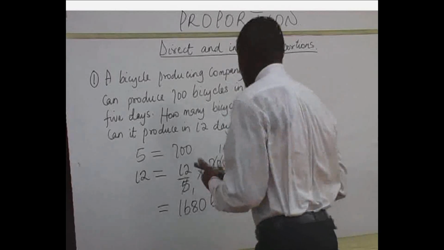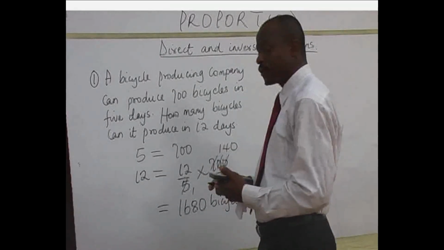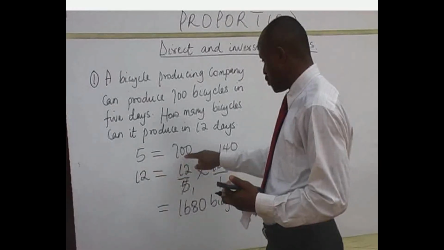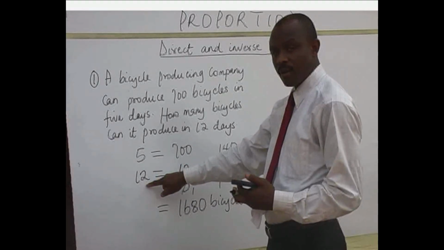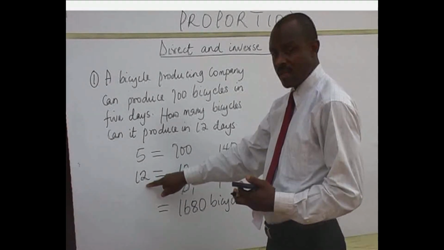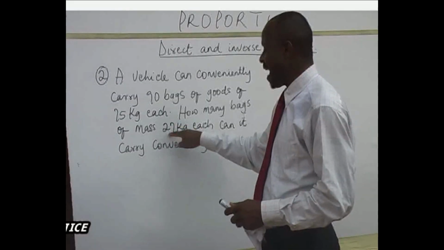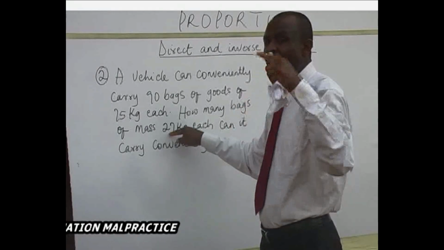produced in 12 days. You can see that this is because in 5 days they produce less. When they added more input, when they work for more days, it will carry more.